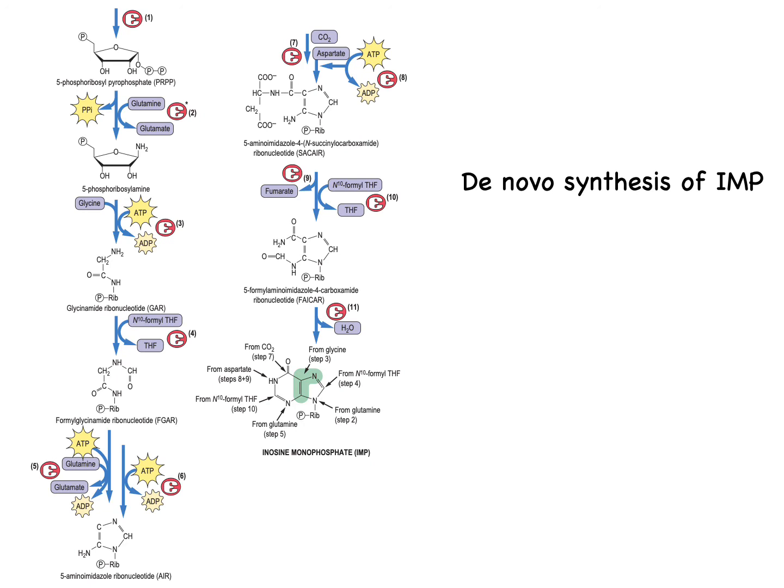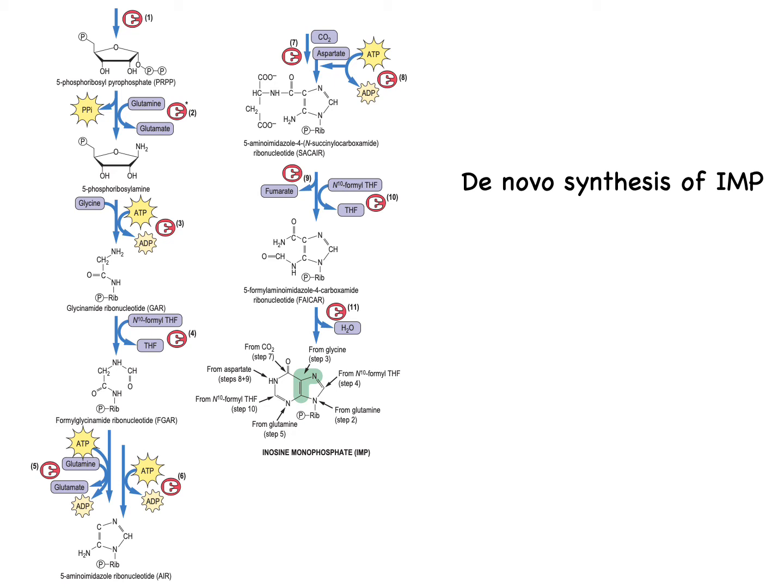So this is the pathway for synthesis, and again, we're not going to belabor this. We don't need to sit down and memorize it, but I think we should go through it quickly so you get an idea of what's going on here. So we start up at the left-hand corner with the ribose that's got three phosphates attached to it, and so it's phosphoribosyl pyrophosphate, or PRPP.